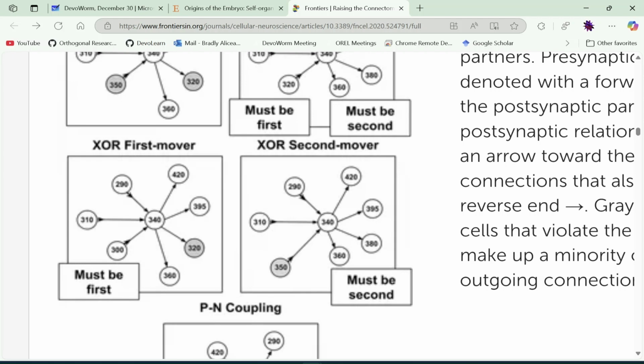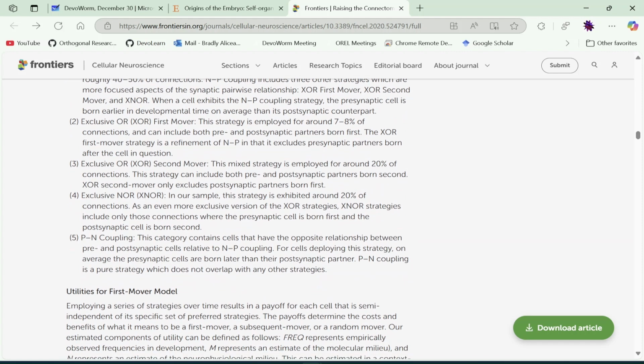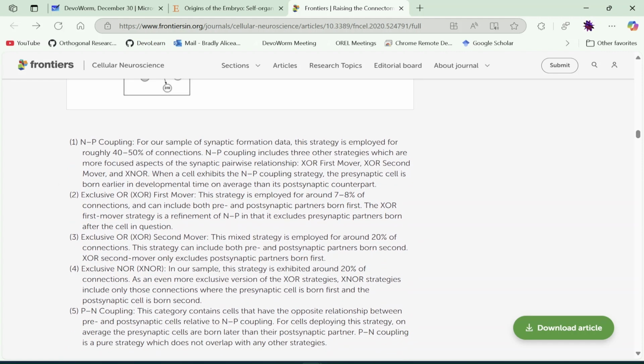The first mover has to connect to its connecting cell. In exclusive OR second mover, the later cell has to connect to the earlier cell. So there are actually rules and constraints on this. And these are tested in this paper. So this is the description here.